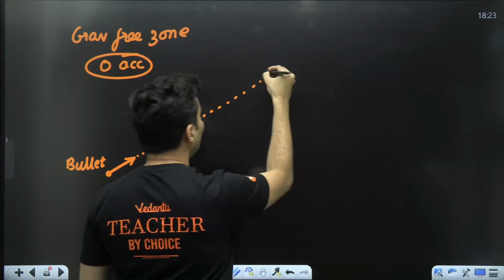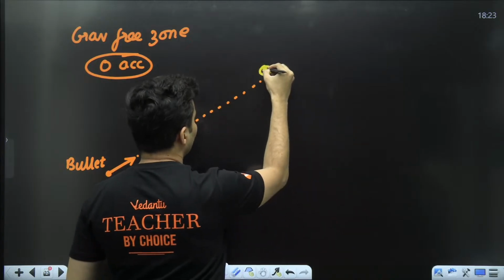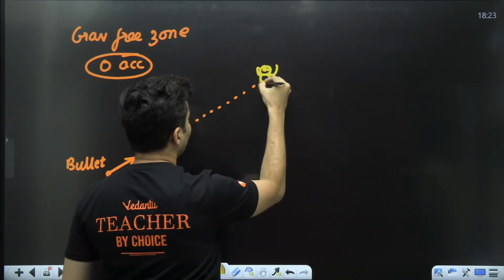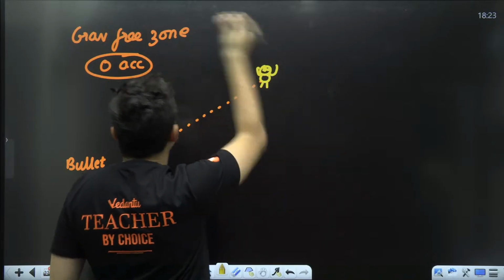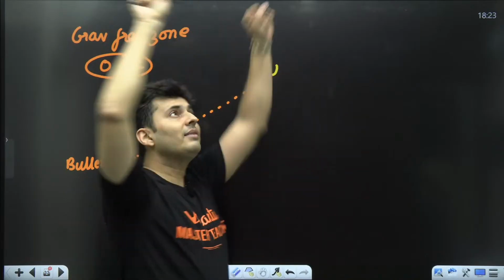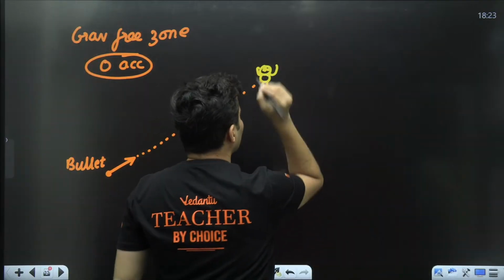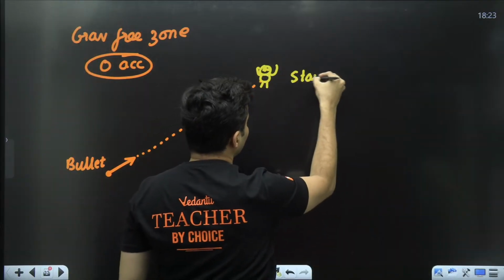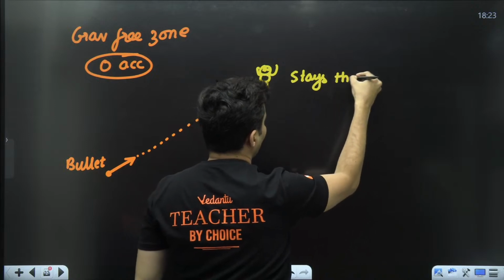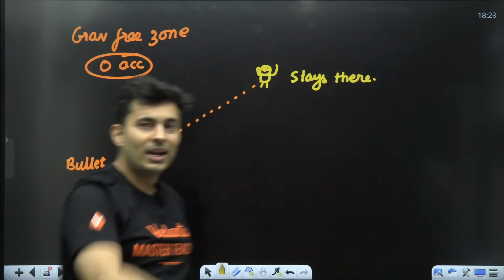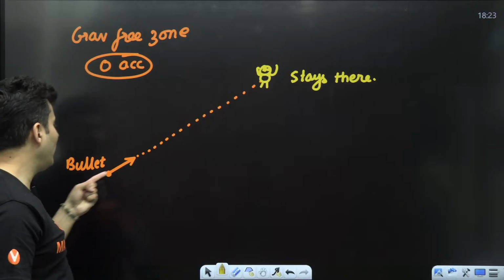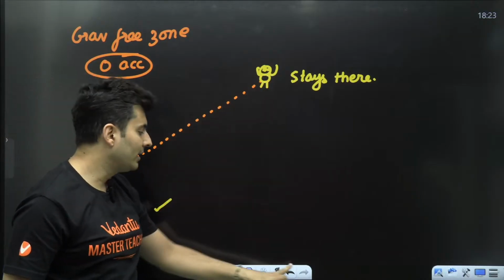What will that monkey do? Think about it. In that gravity free zone, zero acceleration, even if that monkey leaves the hand, he will stay there as it is. So what will happen in such a scenario? The bullet will go and hit the monkey.